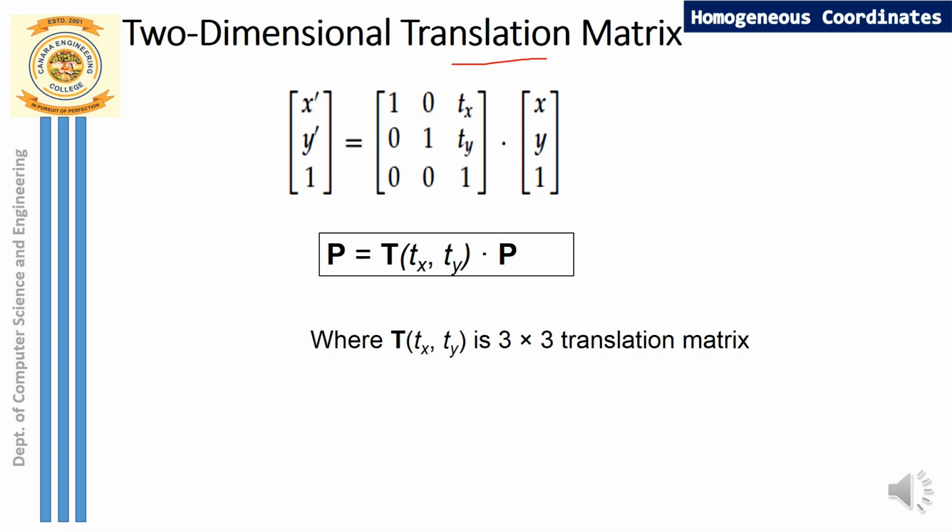As we have already seen, we can represent a 2D translation like this: x dash, y dash, the point P dash that we are trying to represent, which is the LHS, is equal to the original point xy, written in the form of a column matrix, the point P, which is added with the translational matrix, and the translational components are given by Tx and Ty.